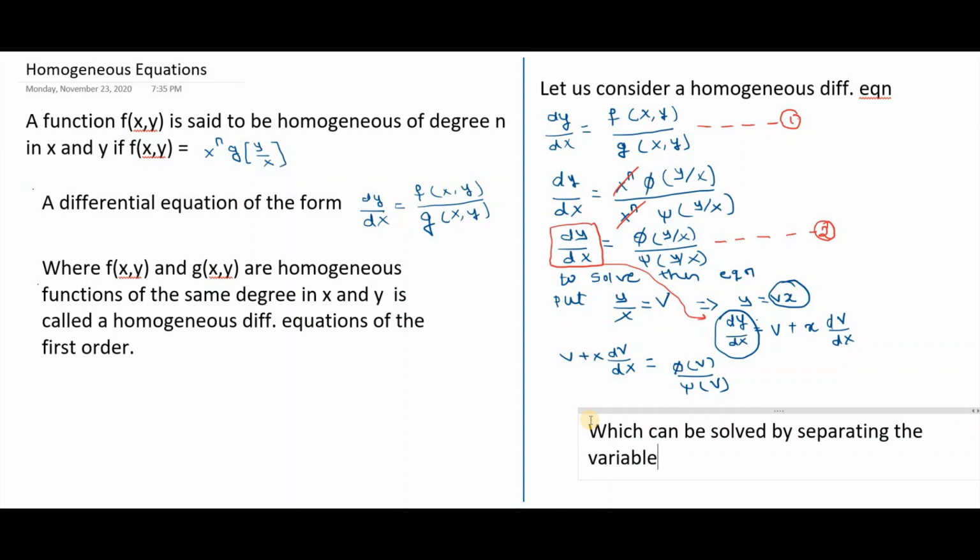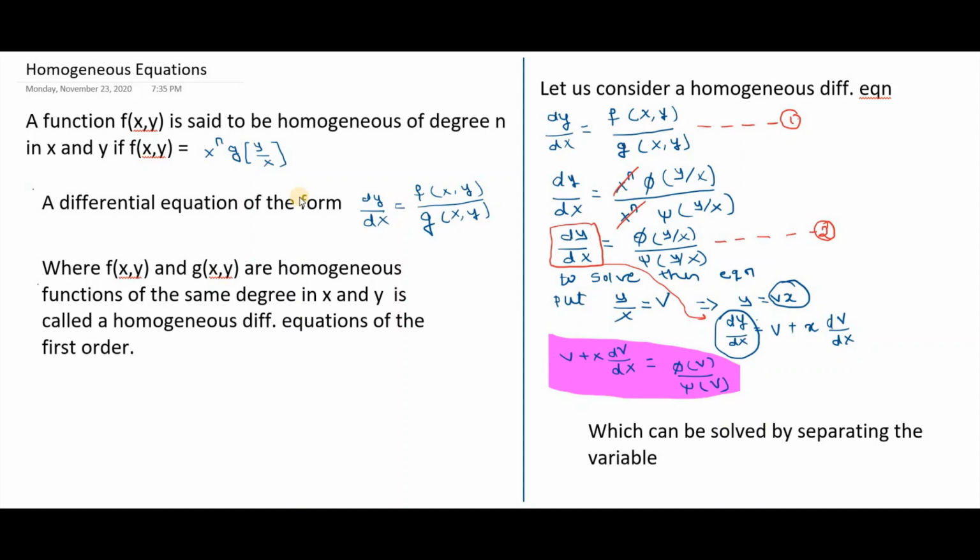In this last equation, you can collect the terms containing x and dx on one side, and v and dv on the other side, and then you can integrate.